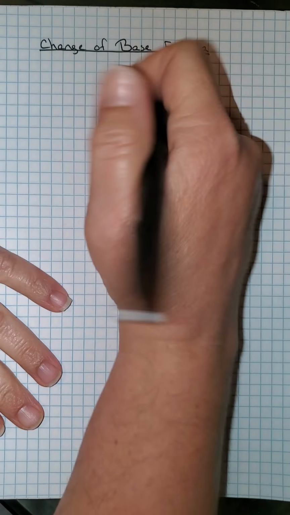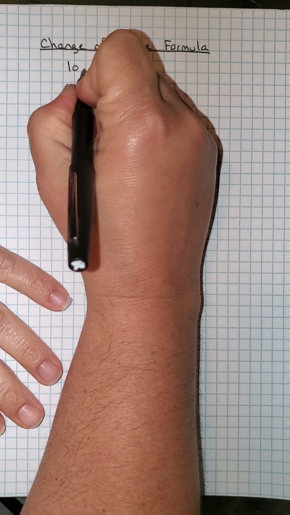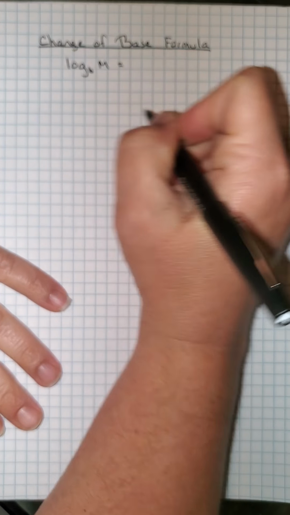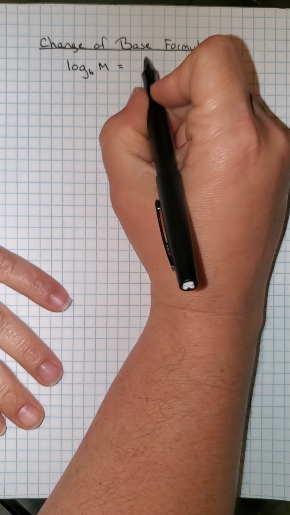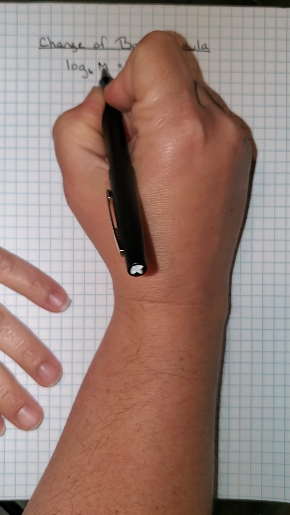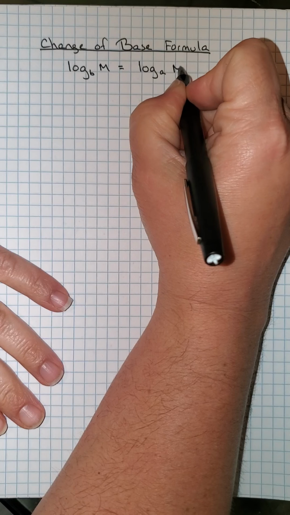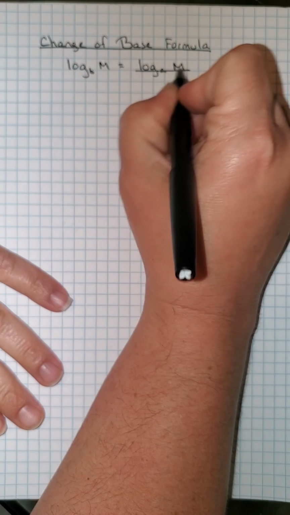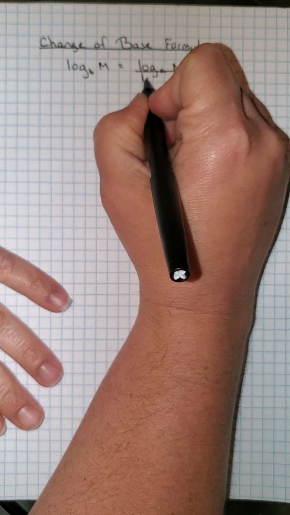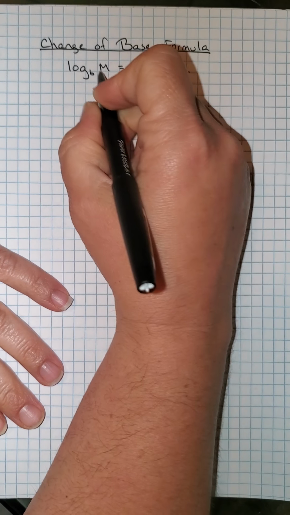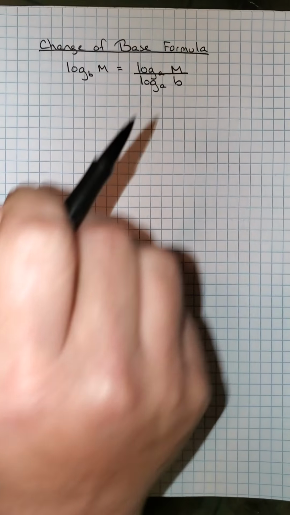But the change of base formula is log base b of m. If that base b isn't what you want it to be, you can give it any base by doing log base a. I say of the big, but I mean the bigger font. It could be a smaller number. So log base a of m over, it has to be the same base, log base a of b. You just split these two up.